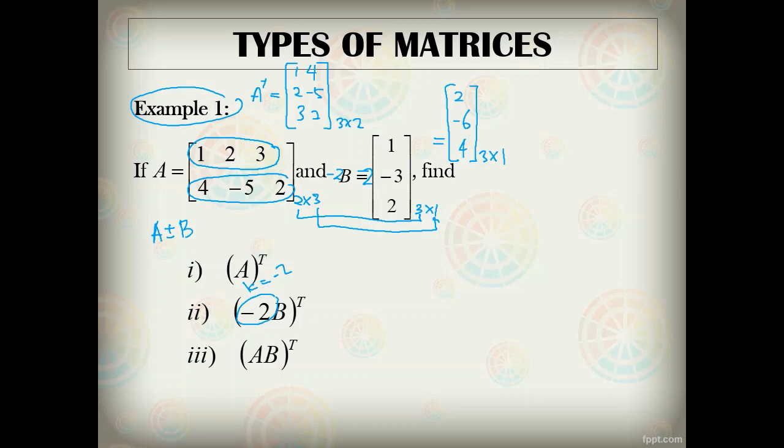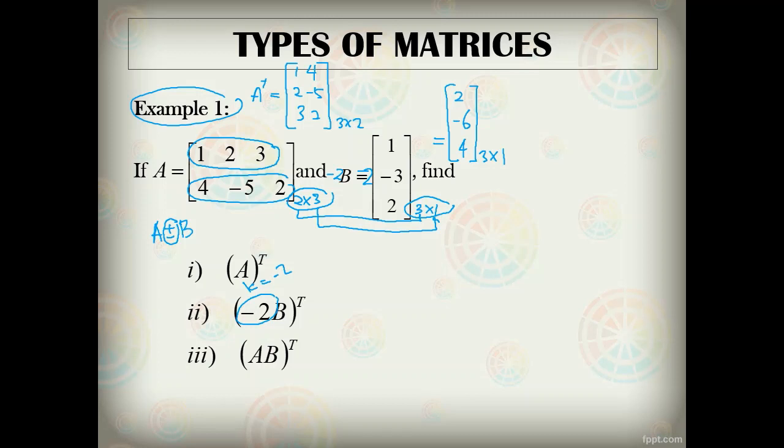So row must be equal, column must be equal. So in this case, A and B, you cannot perform addition and subtraction because they have different dimension. This is 2 by 3, this is 3 by 1.